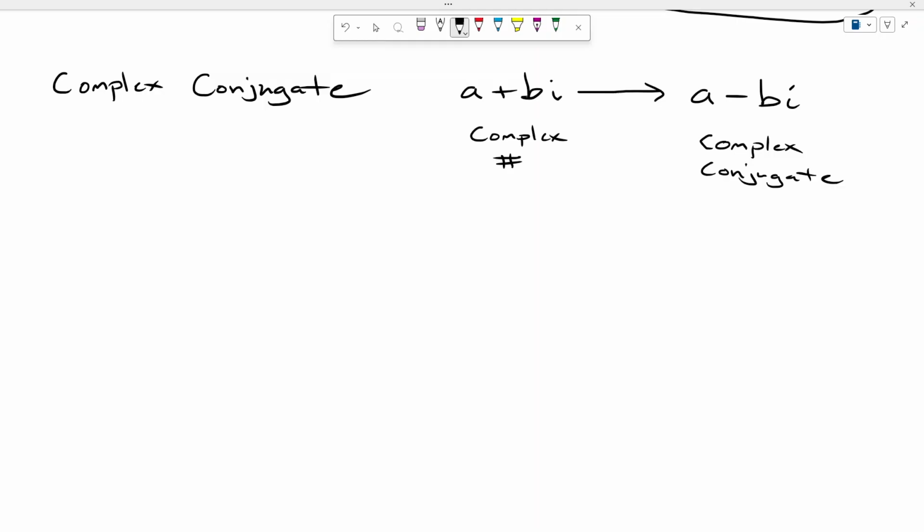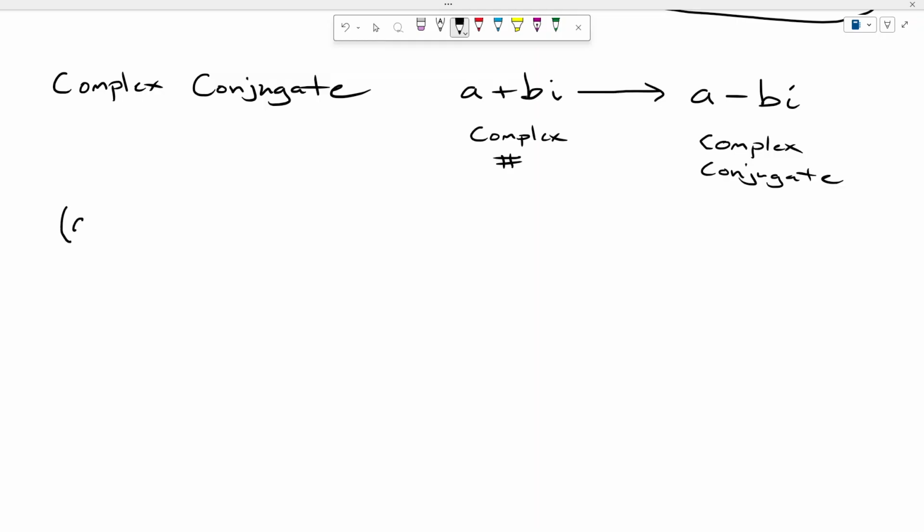So plus becomes minus, or minus would become plus. We switch the sign on the imaginary part. And how is this helpful? Well, when you multiply a complex number by its conjugate, it results in a real number because we remove the imaginary part. So just so you can see what I was just saying, so you can see that.